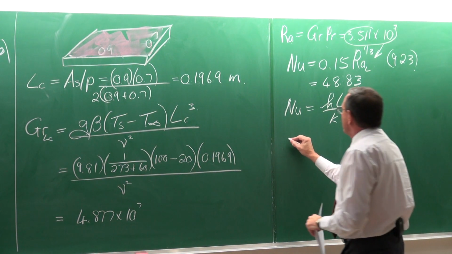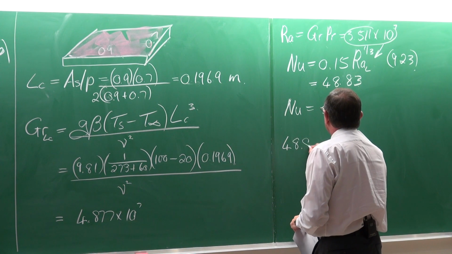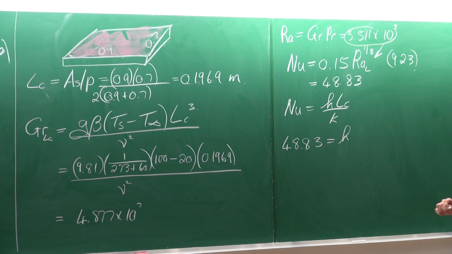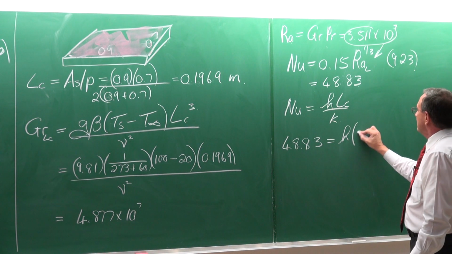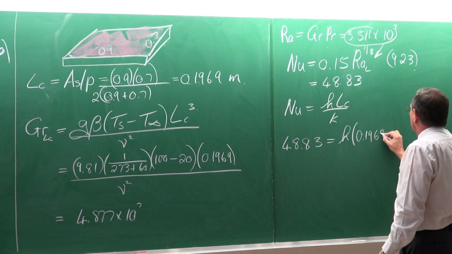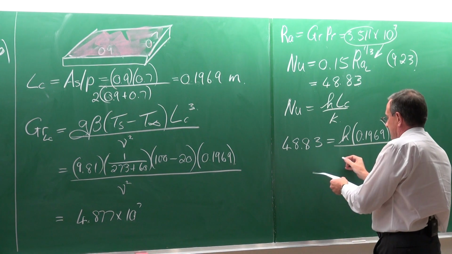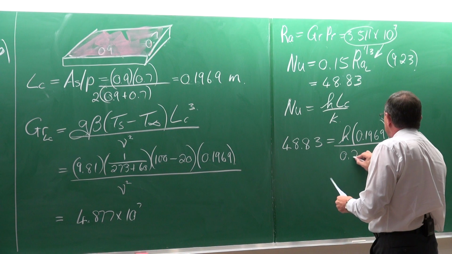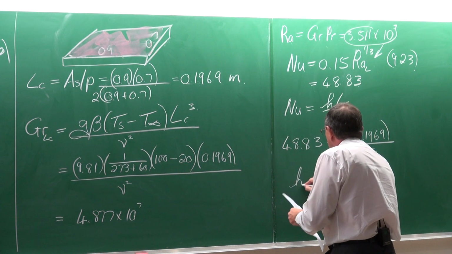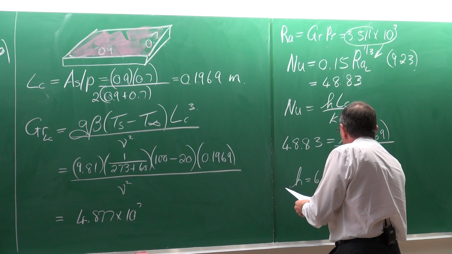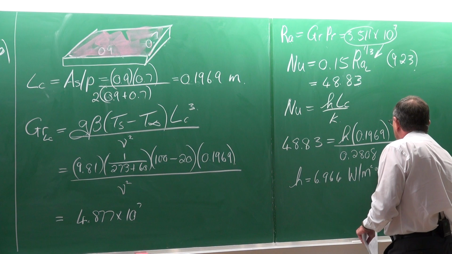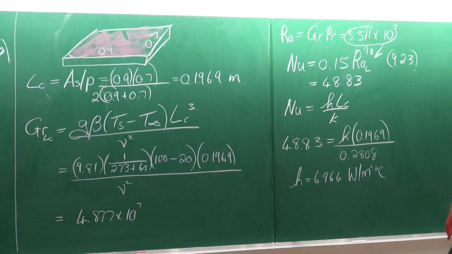So 48.83 is equal to h multiplied by 0.1969, divided by the thermal conductivity, 0.2808, and that gives us a heat transfer coefficient of 6.977 watts per square meter degree Celsius.